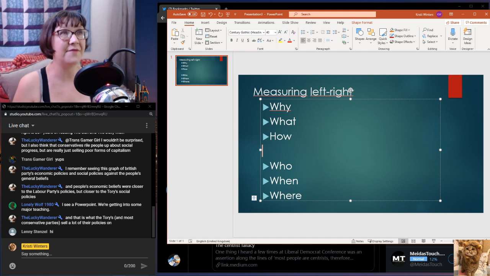All right, so let's say we have a strongly agree to strongly disagree scale on a single topic, such as support for the death penalty. Let's say you were given a survey question. It says, do you agree with the following statement?